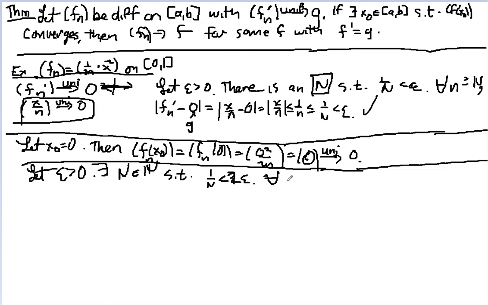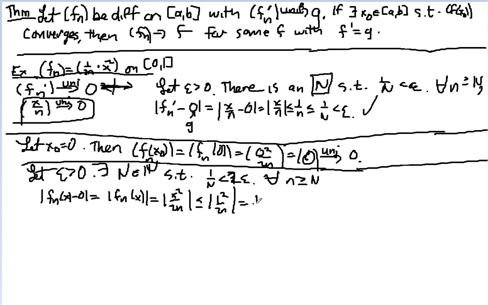And then for all n bigger than or equal to capital N, I'm proving that this thing converges uniformly to a function on 0, 1. I'm going to prove it converges to 0. f sub n of x minus 0 equals f sub n of x equals x squared over 2n. Remember, we're just looking at the interval 0, 1, so this is going to be less than or equal to 1 squared over 2n.